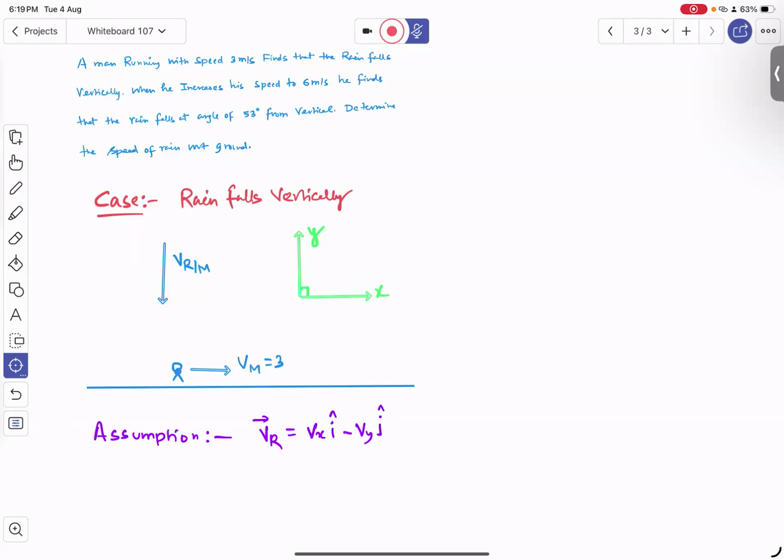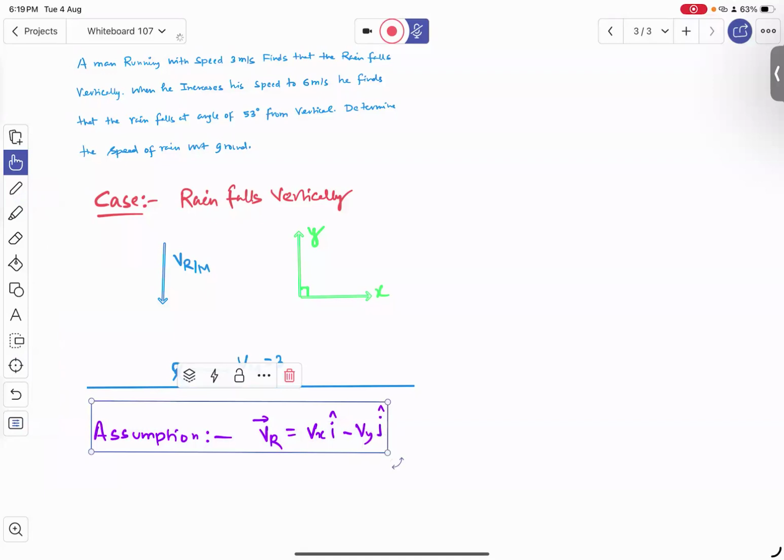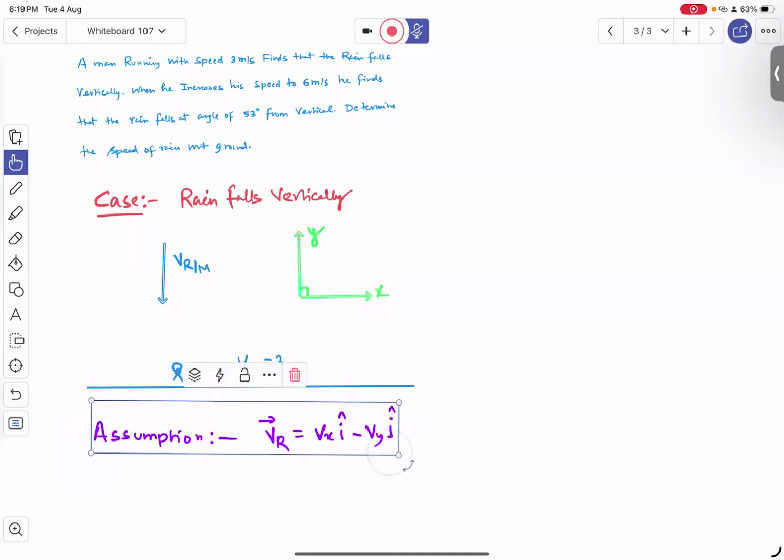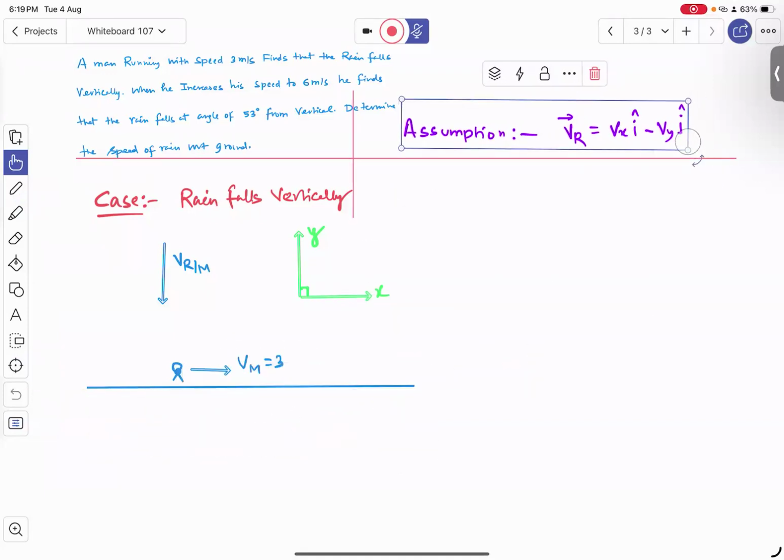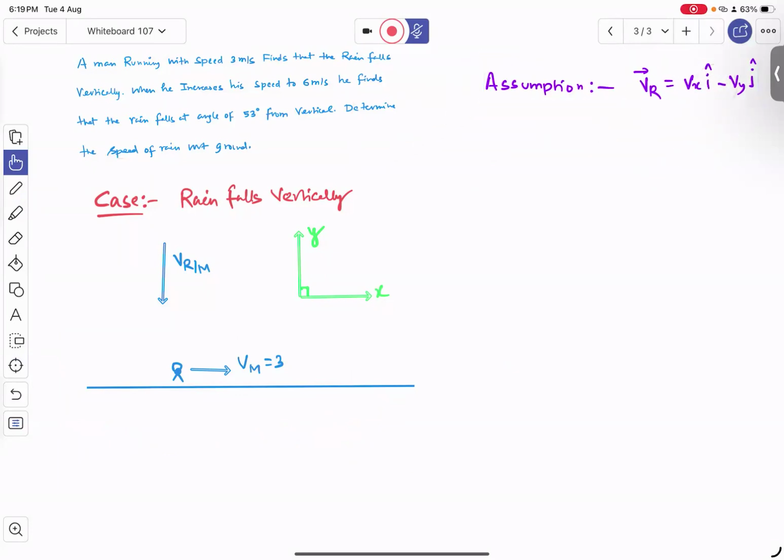Now, in case one, what is told is that the velocity of the rain with respect to the man is only along vertical. What it really means is that the x component of the rain's velocity and the x component of the man's velocity must be the same. So I'll find VRM. The x component of VRM should be 0.